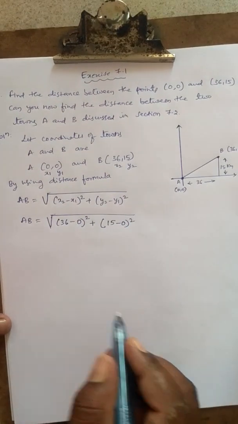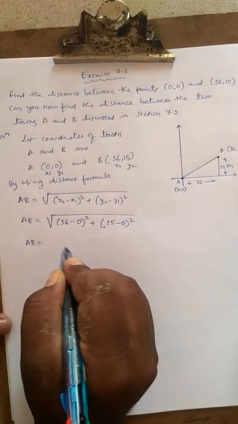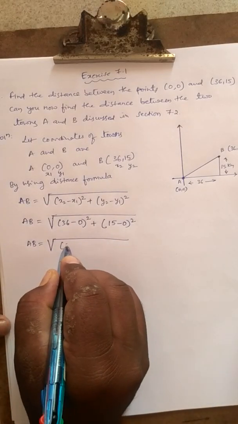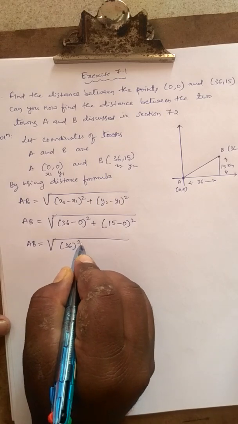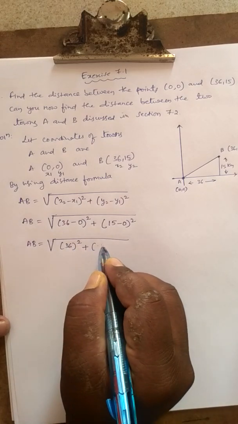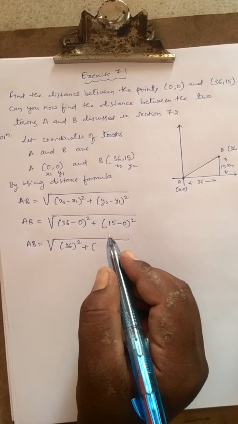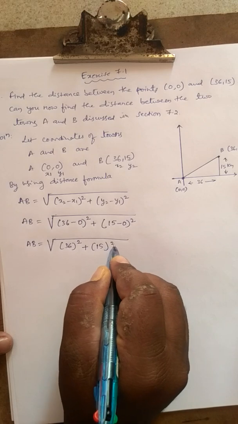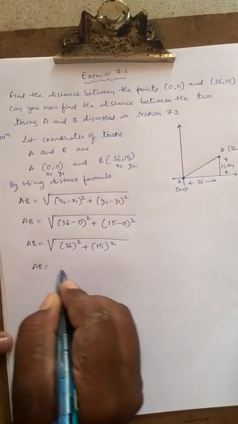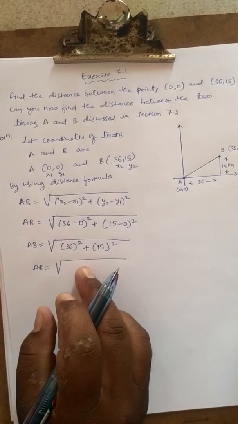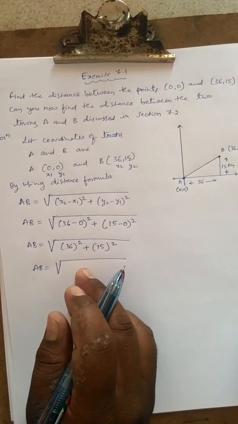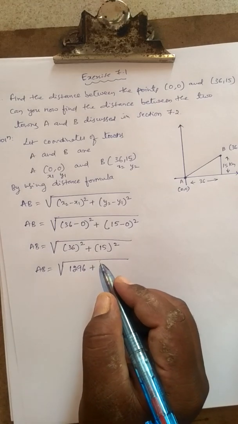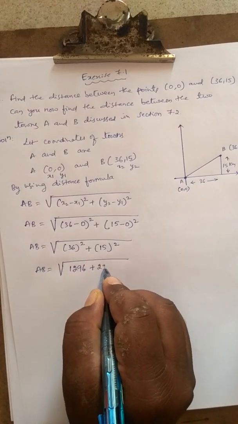Now we have to go for simplification. AB is equal to under root 36 minus 0 is 36 only, 36 square plus 15 minus 0 is 15 square. So next, AB is equal to under root 36 square value is 1296 plus 15 square value is 225.